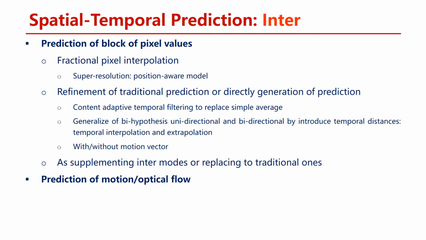For refinement or direct generation of prediction, spatial and temporal references can work together, and the unidirectional and bidirectional multiple hypothesis prediction can be generalized by introducing temporal distances of frames. And the prediction can be generated either without motion vector or with motion vectors. And the network-based prediction can be used as a supplementary inter mode or replacing the traditional ones.